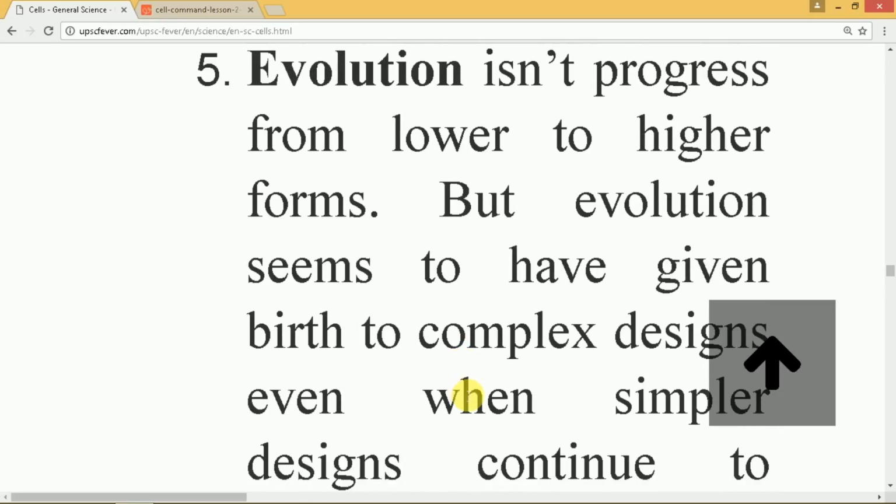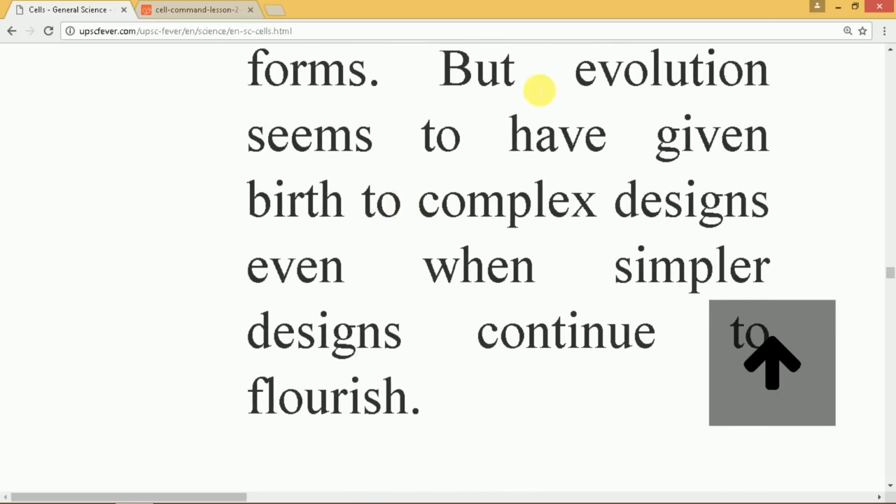One last point is about the process of evolution. So you might feel that evolution is progressing into the next forms, but evolution does not mean progress from lower to higher forms. Evolution only is giving birth to newer complex designs even when the simpler designs continue to exist.